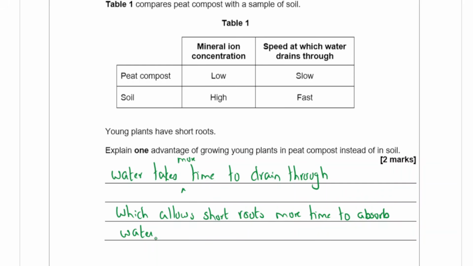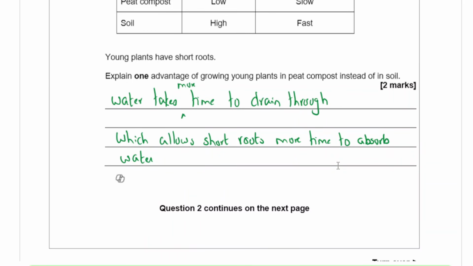You could also say that you don't really have to water the plants very often because there's going to be water there. You could also say it'll be an advantage because young plants cannot reach the water that is deep in the soil compost.